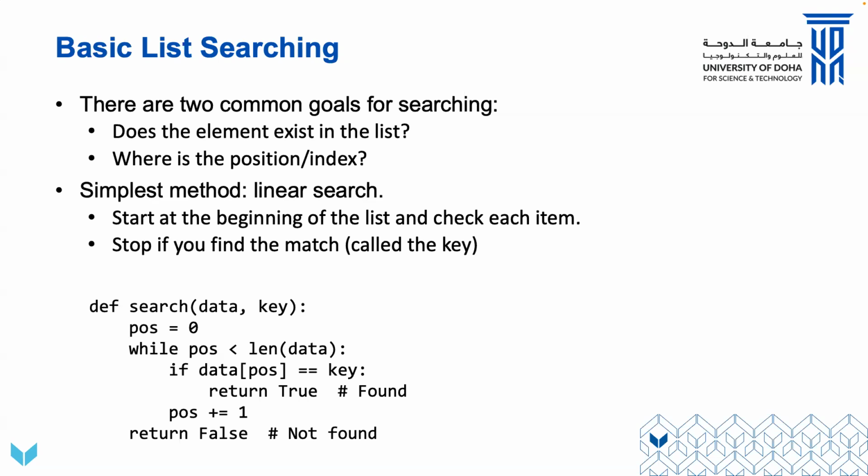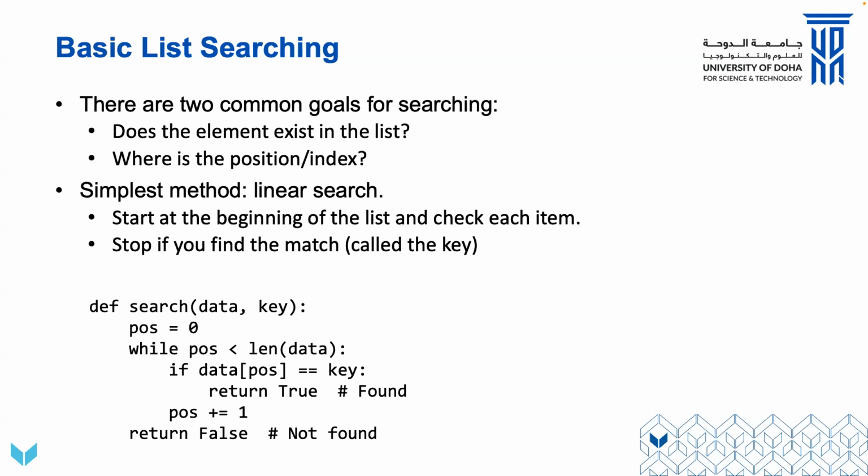Another question you might ask is, where is the item located in the list? If you think about that, we've seen these operators and methods before, for example the operator in, or contains, or index. Those are exactly the types of questions that we're asking.